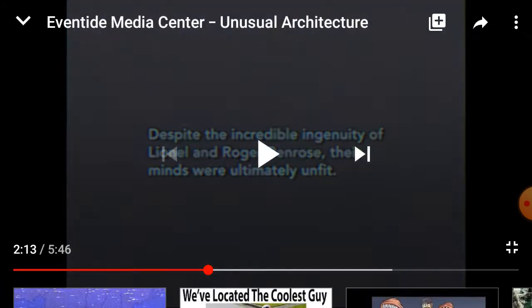The two believed that their creations were impossible to recreate within the confines of our universe. Despite the incredible ingenuity of Lionel and Roger Penrose, their minds were ultimately unfit.